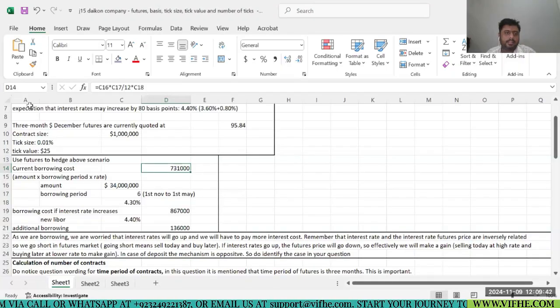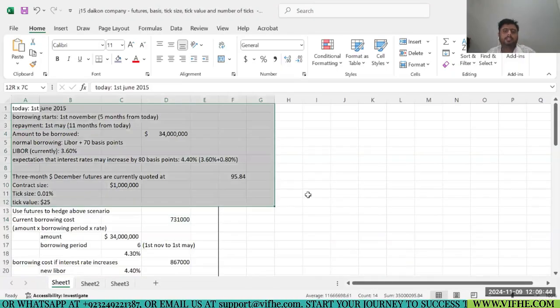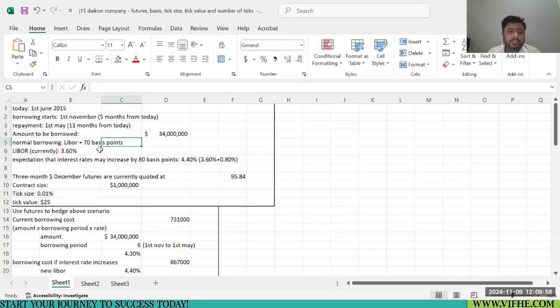In this area, everything is as per the question. Date today, borrowing starts on 1st November, borrowing ends on 1st May, amount is 34 million. The question stated that today's rate is LIBOR plus 70 basis points. LIBOR is currently 3.6% and it is expected that it is going to increase to 4.4%. The futures are available in the market today at 95.84 and contract size, tick value, everything was given in the question.